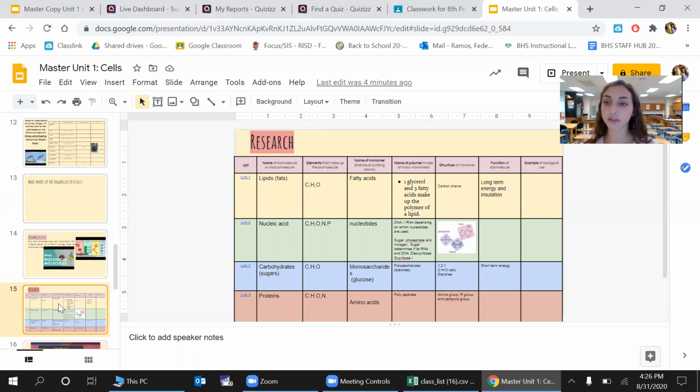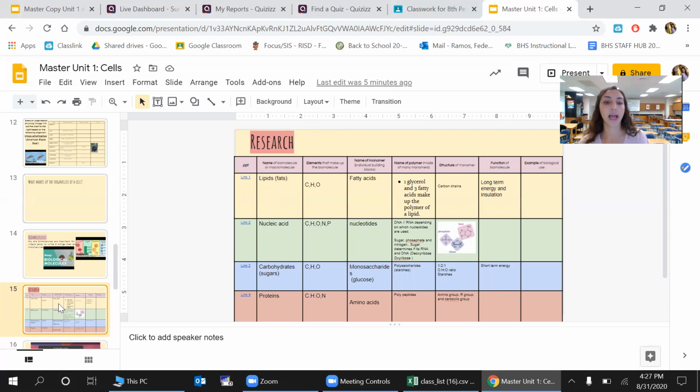As monomers, the single building blocks of fats are called fatty acids, and fatty acids are a single long chain of carbons. The building blocks together, however, make a triglyceride. This triglyceride is composed of one glycerol and 3 fatty acids.